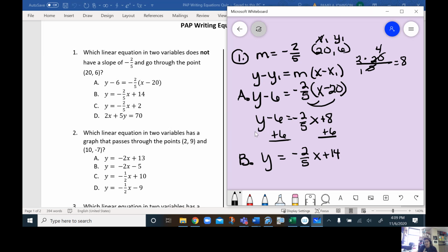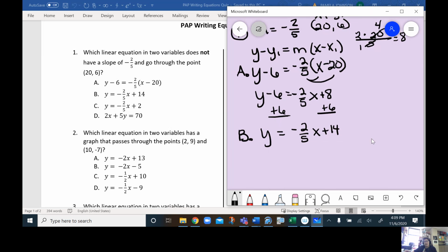Okay. If I continue on with what I'm doing here and change this into standard form, if I move my 2/5 x, I'm going to add it. Plus 2/5 x plus y equals 14. And then I'll multiply everything by 5 to get rid of that fraction.